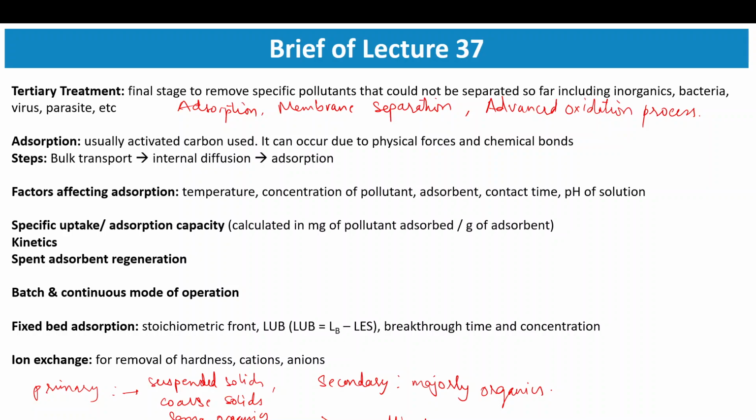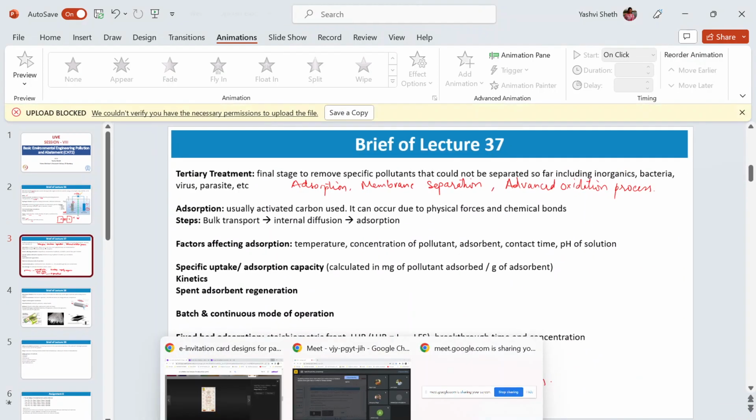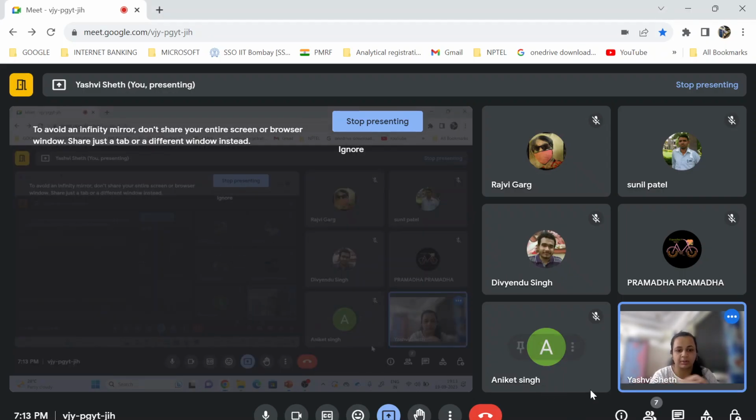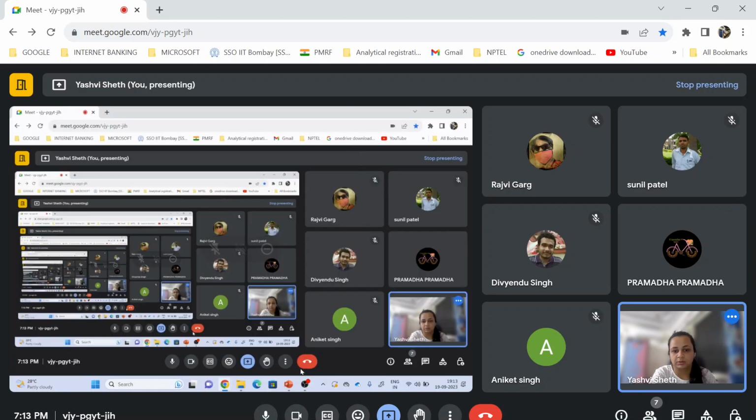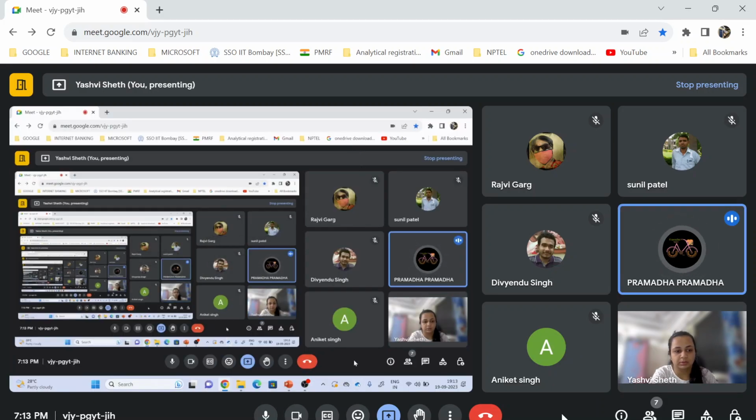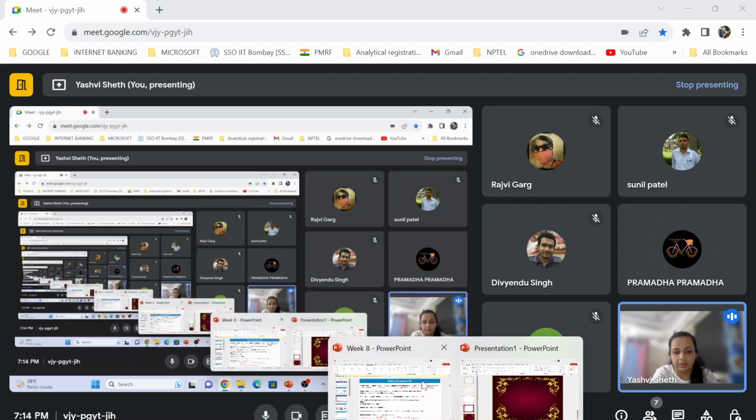Can anyone give me a brief idea of what adsorption is? I guess I had given you some idea. Yes, anyone? Adsorption is a surface phenomenon where gas, fluid and solid phase. Yeah, correct.